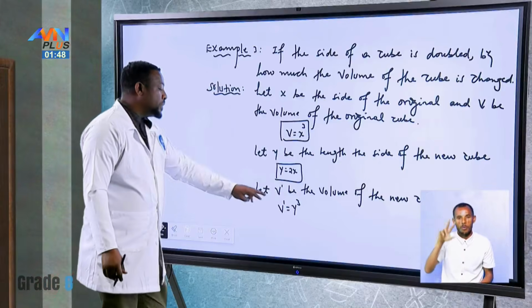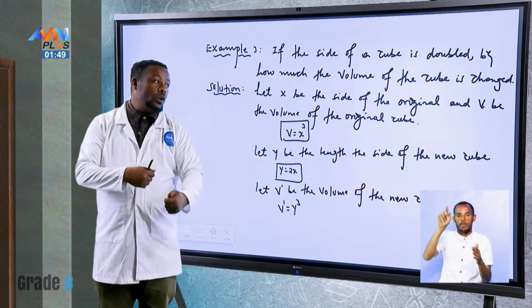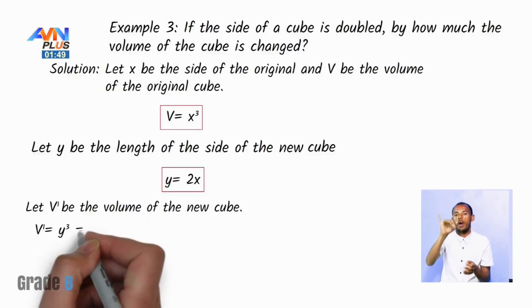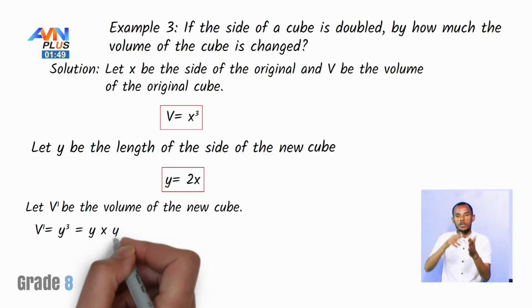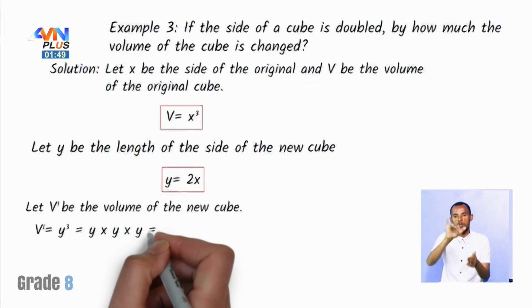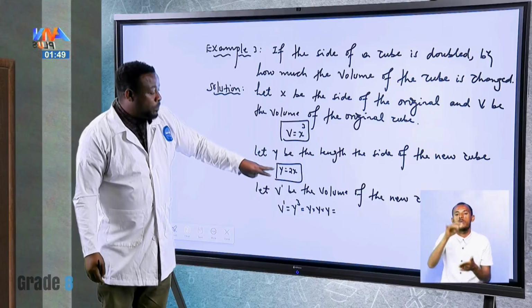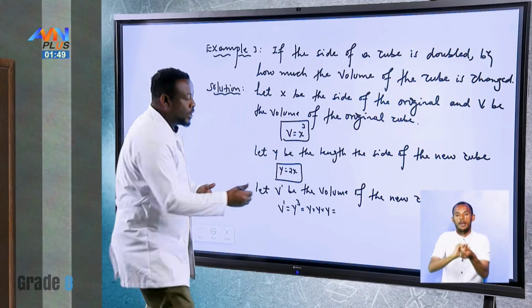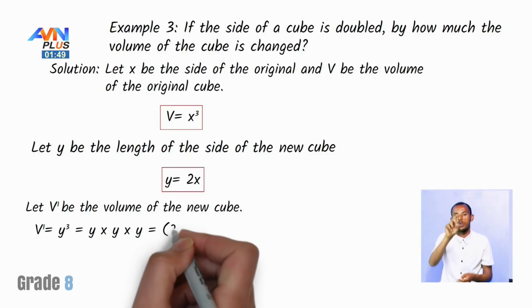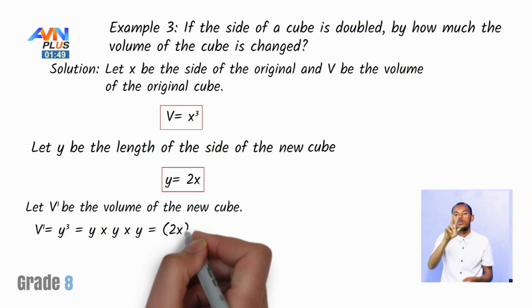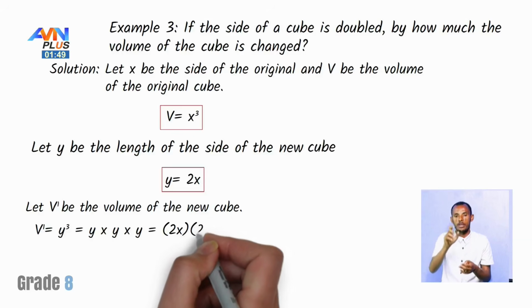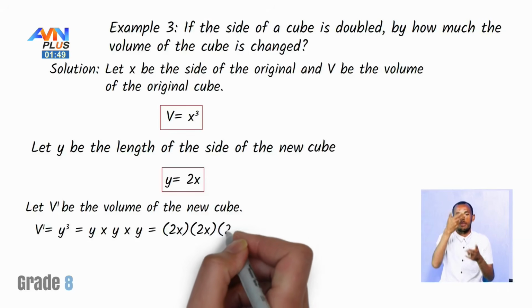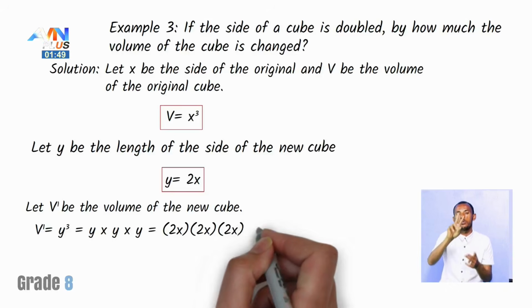Now we can represent V prime in terms of V. In place of each y, substitute 2x. So 2x times 2x times 2x: 2 times 2 is 4, 4 times 2 is 8.